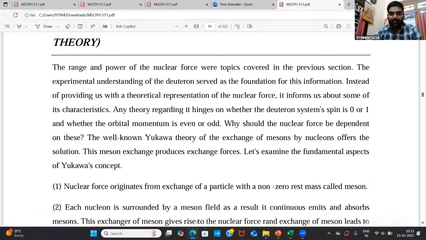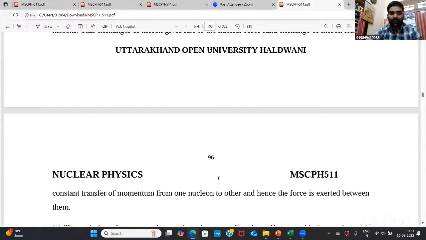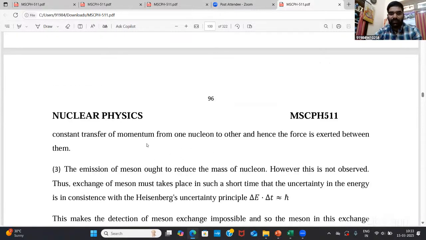This exchange of mesons gives rise to nuclear forces, as it leads to a constant transfer of momentum from one nucleon to another, and hence a force is exerted between them. So every nucleon is surrounded by mesons, exchanges happen between nucleons, and due to those exchanges the nuclear forces evolve.